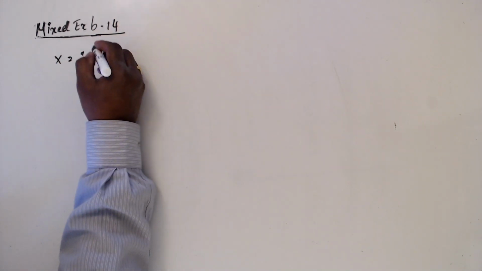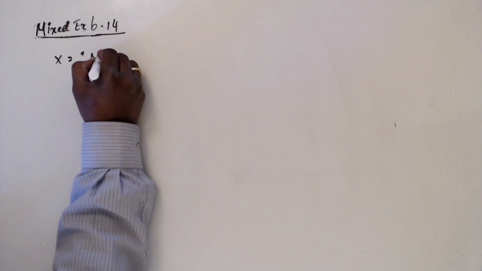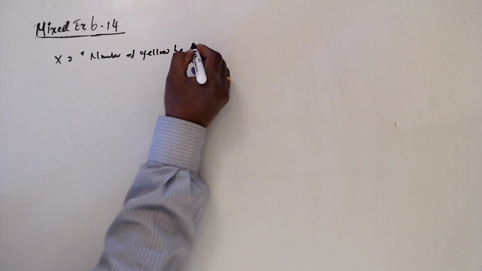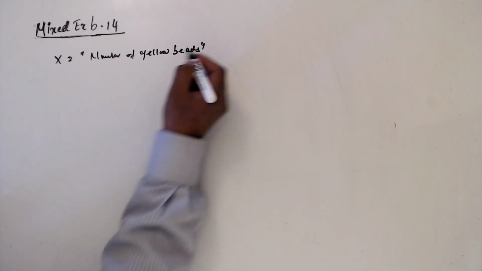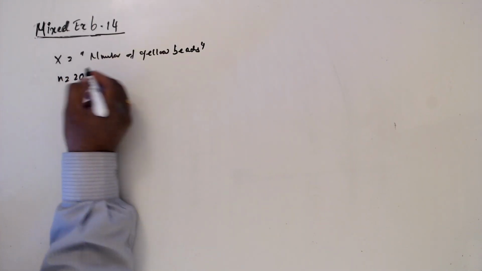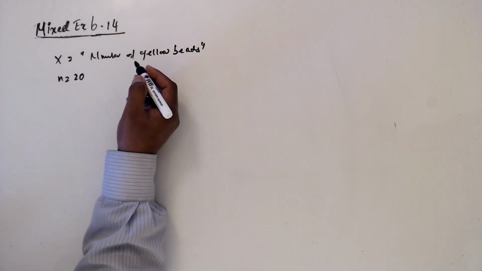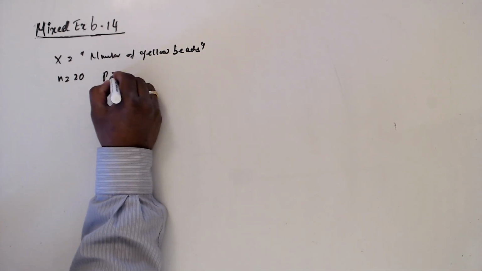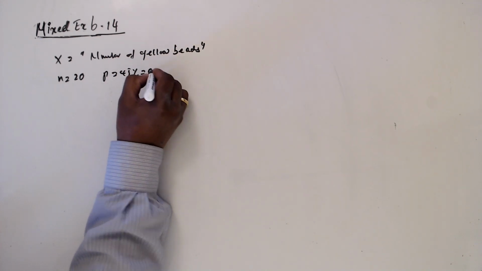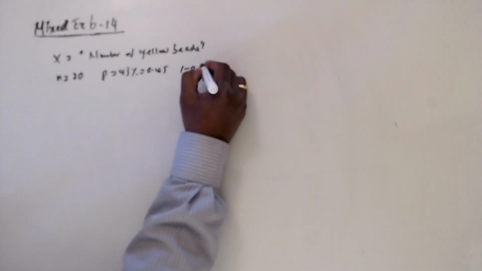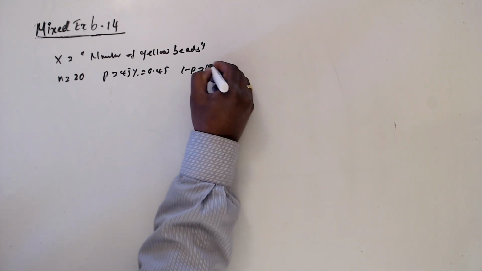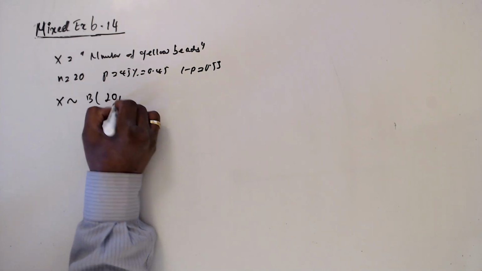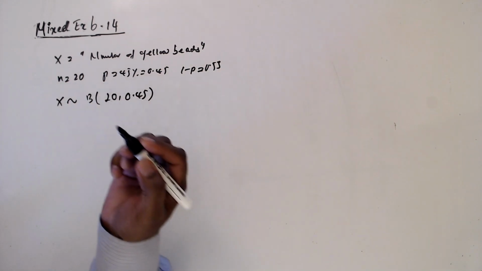X is the number of yellow beads, and n equal 20, and p equal 45%, which is 0.45. Then 1 minus p is going to be 0.55. X follows binomial 20, 0.45.